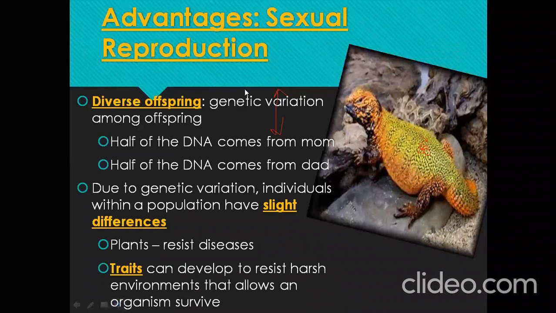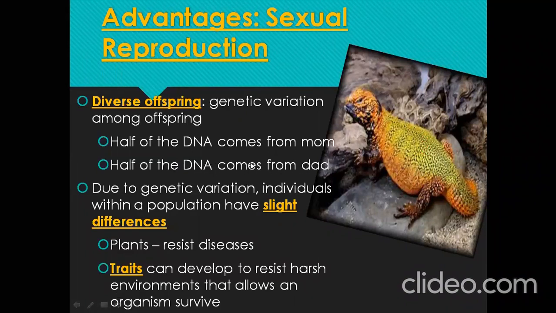Advantage of sexual reproduction. We discussed asexual reproduction. Now the advantage of sexual reproduction: diverse offspring, genetic variation among offspring. In sexual reproduction, half of the DNA comes from mom and half from dad.